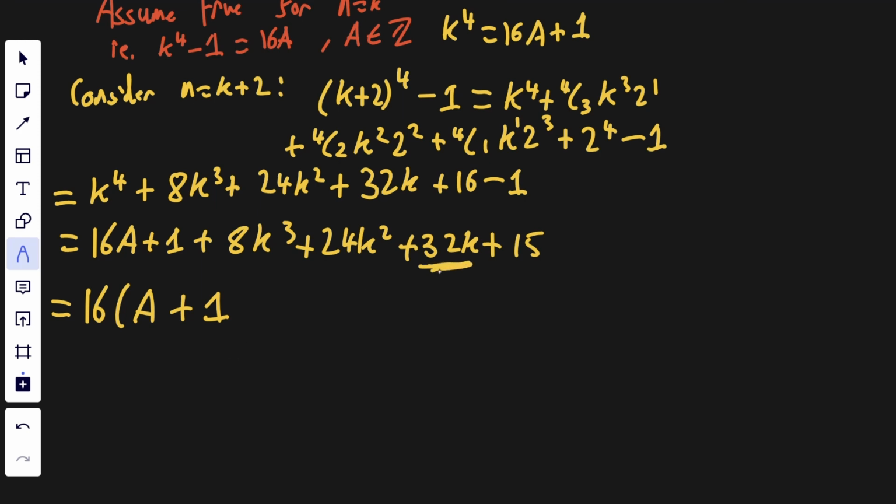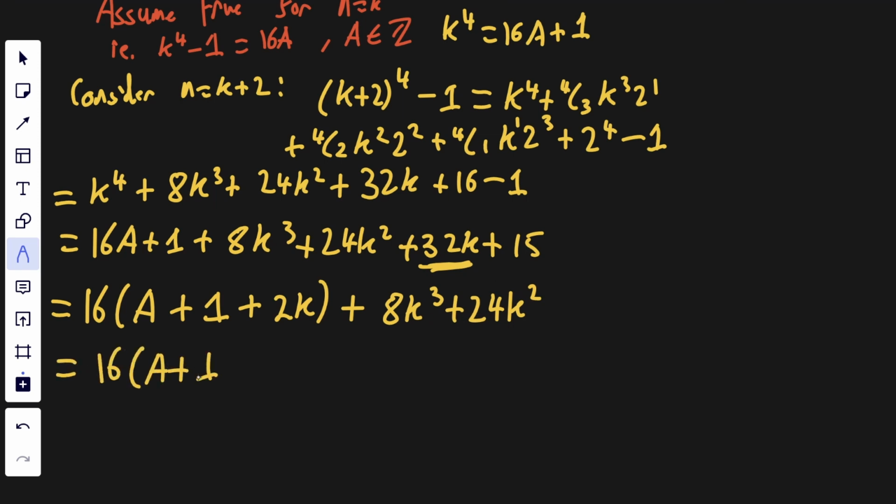And we have a factor of 16 here, so we get plus 2k. What's left is plus 8k cubed plus 24k squared. So now our final goal is just to factorize all of this as much as possible and see if we can make a deduction from it. So we leave this as is, plus, well, there's a factor of 8, there's a factor of k squared. So that's going to leave us with k plus 3.